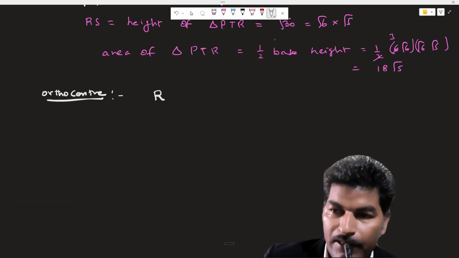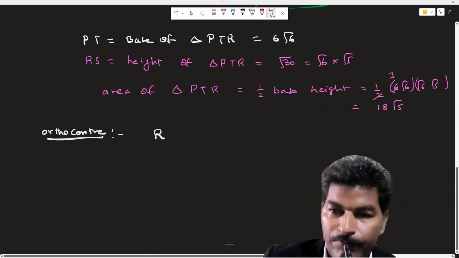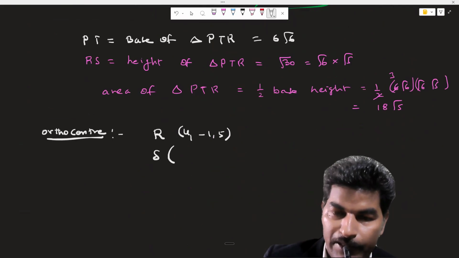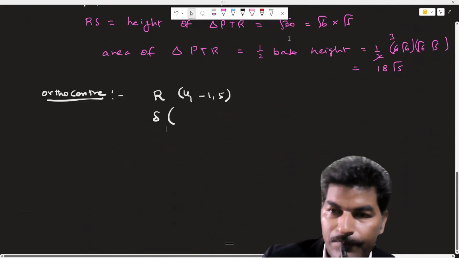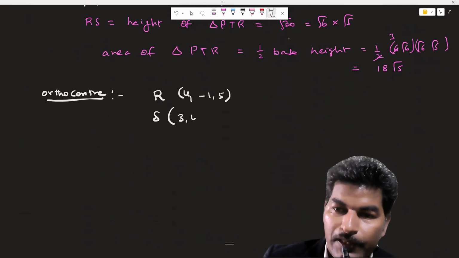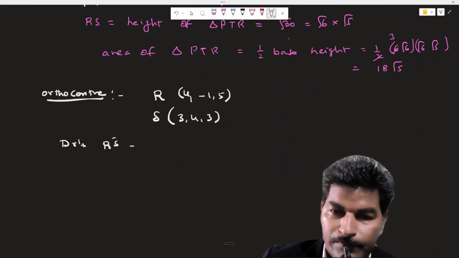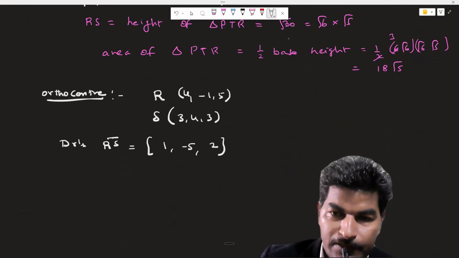So the point R is (4, -1, 5), and point S is (3, 4, 3). Let's calculate the DRs of RS bar: 4 minus 3, 1; this is minus 5 and this is 2. So these are the DRs.